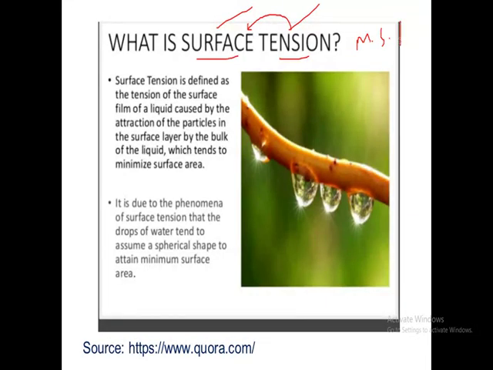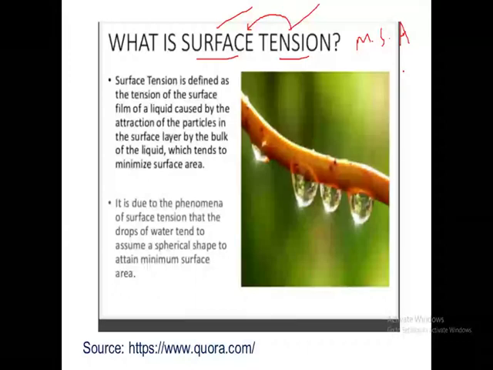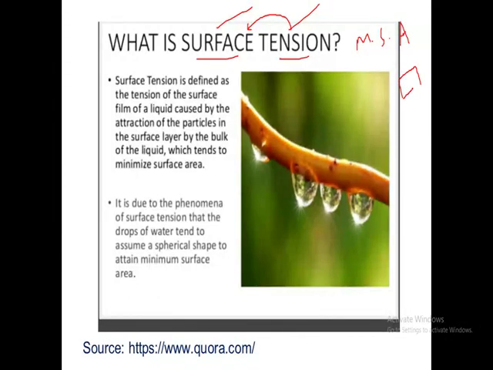Minimum surface area. So when they try to occupy the minimum surface area, the surface of the liquid is going to be stretched. If we take this is the liquid surface, this liquid surface is going to be stretched in all the directions. So once it is stretched in all the directions, it is going to be what is called a stretched elastic membrane, right?